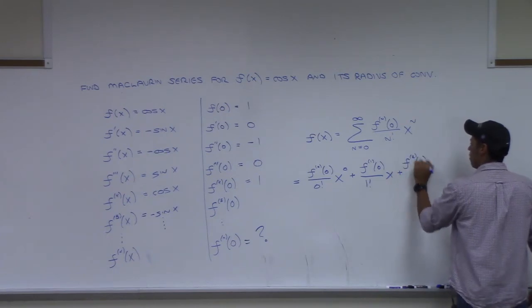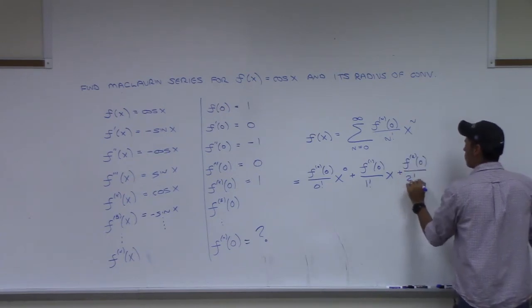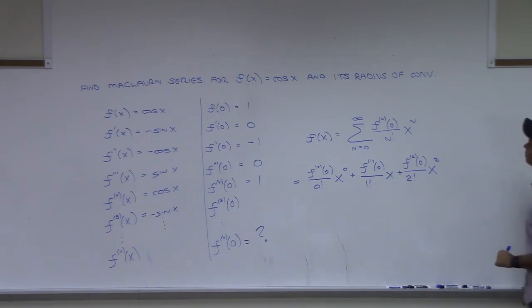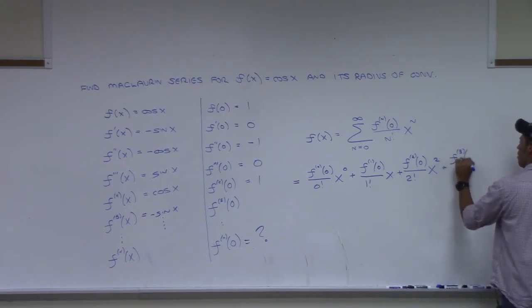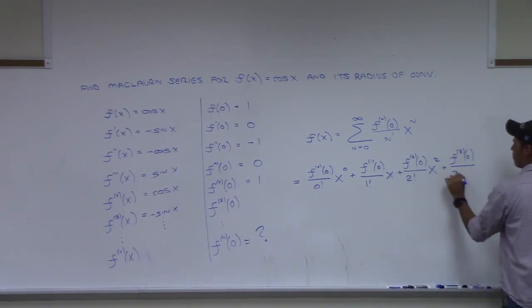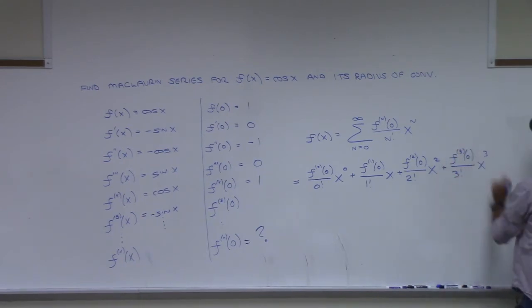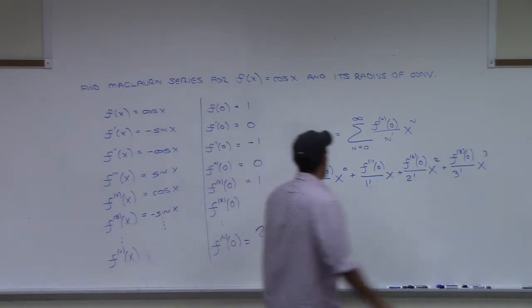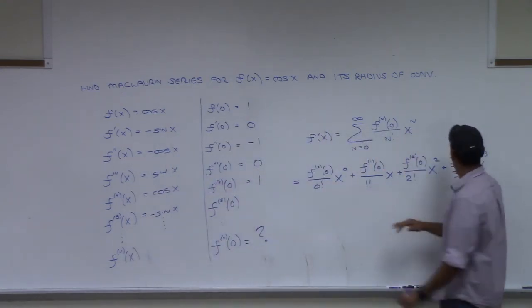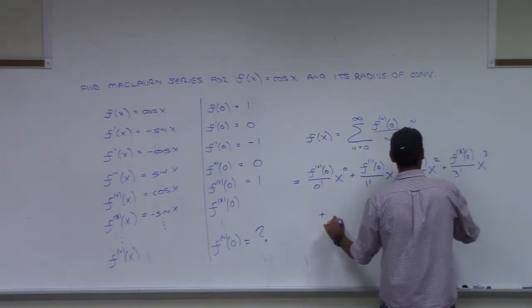Okay, plus now it's the first derivative at 0 over 1 factorial x to the first power, plus the second derivative at 0 over 2 factorial x squared. With me? Plus third derivative at 0 over 3 factorial x cubed. Can I just continue below this? Yeah? Okay, so plus, what do we got?